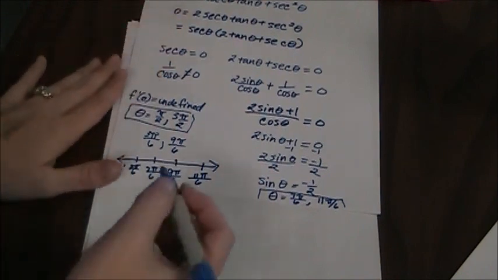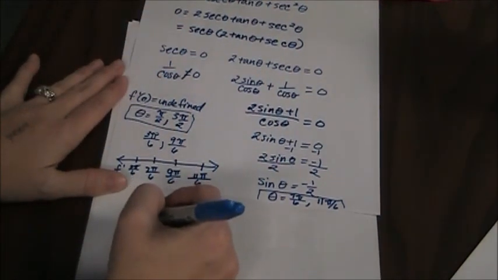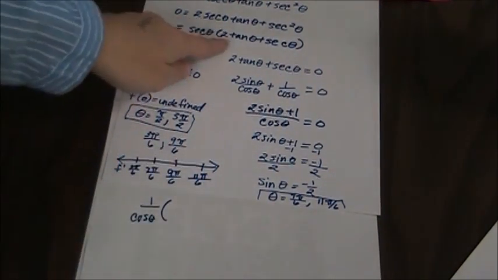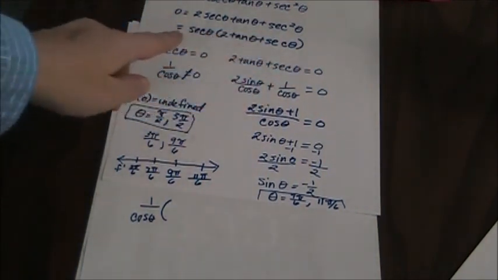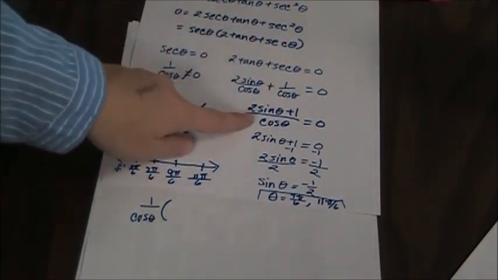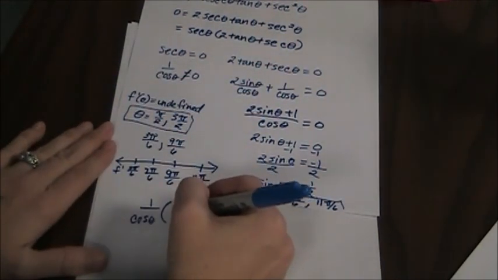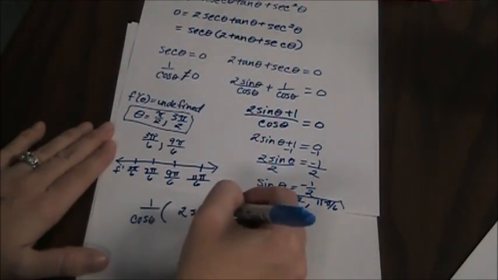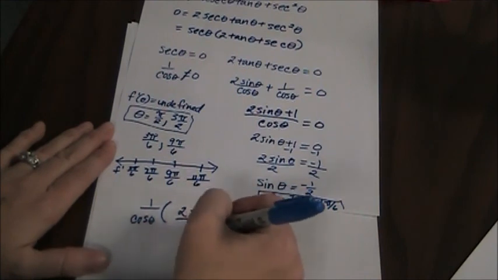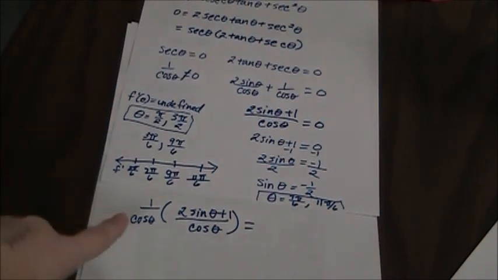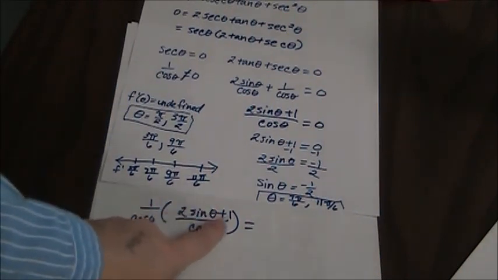So secant theta is 1 over cosine theta. And 2 tangent theta plus secant theta, well, I've already combined them into one quotient down here. So I'm going to rewrite that in the parentheses. And then when I multiply through, cosine theta becomes cosine squared theta.